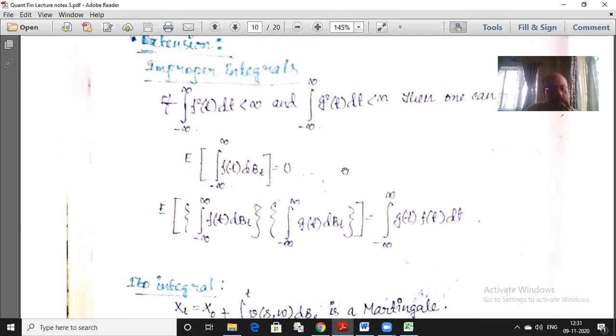If I do have that, one can show with appropriate theoretical care that the expectation of such improper integrals will still be 0, and the autocovariance of these integrals will again be given by the same kind of formula as before. But again, this itself is an improper integral. But I know because of these two assumptions, this is going to be a finite quantity.